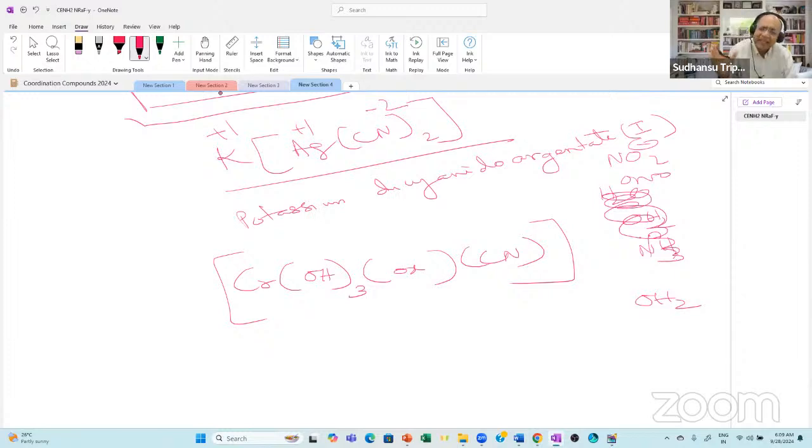And arrange all the ligands, while writing the formula from the name, in the same manner as you write the name, alphabetical order. Earlier, the rule was to write the negative ligands first alphabetically, then the neutral ligands, then the positive ligands, if any. We have not yet taken any example having positive ligands, I mean positive ions, like NO+.